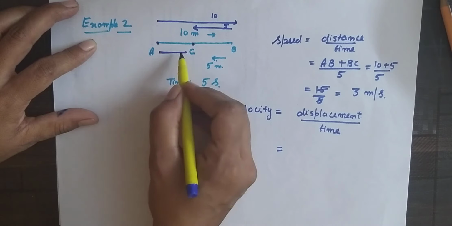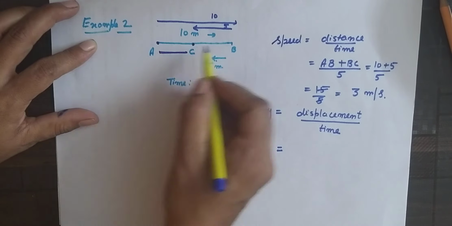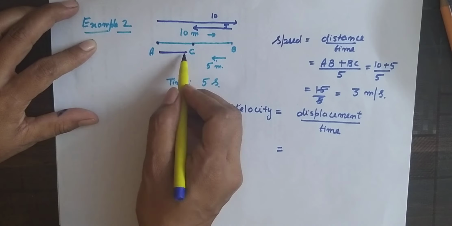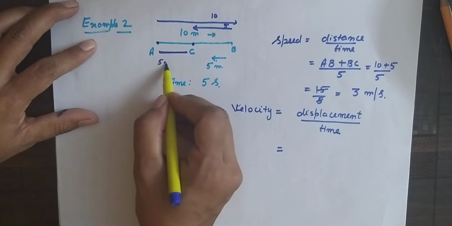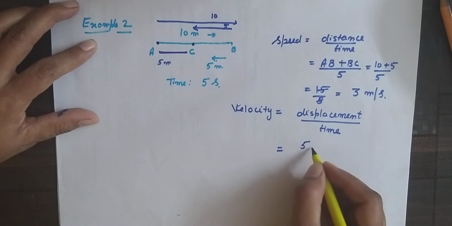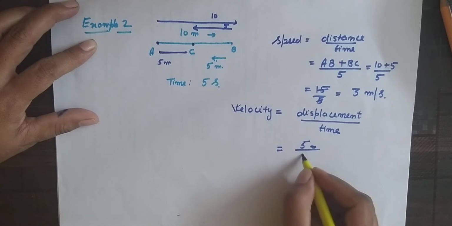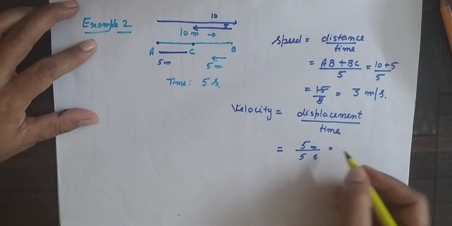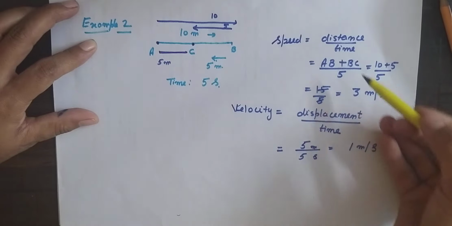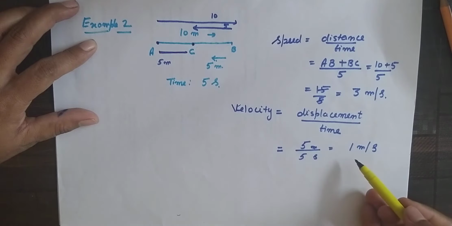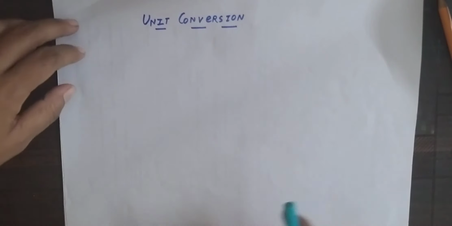AC here is 5 because this is already 5 and the total is 10. So the rest of the distance, AC, is again 5 meter. So displacement here is 5 meter and time is 5 seconds. So the answer is 1 meter per second. So here speed is 3 meter per second, velocity here is 1 meter per second. As we have seen, it is easy to calculate distance and displacement and similarly speed and velocity, right?